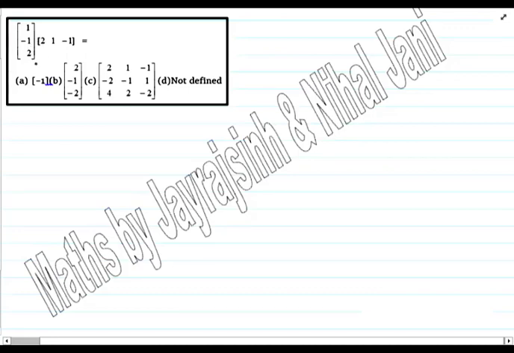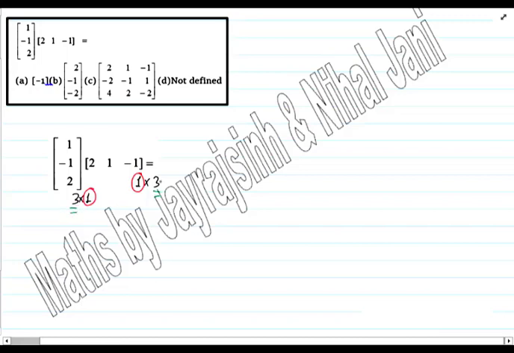Let's see the next question, in which we have to multiply two matrices. Here they are. First one is the order of 3 cross 1. Second one is in the order of 1 cross 3. So first of all, we have to check whether they are satisfying the condition or not. So yes, these two numbers are equal to each other, so matrix multiplication is possible.